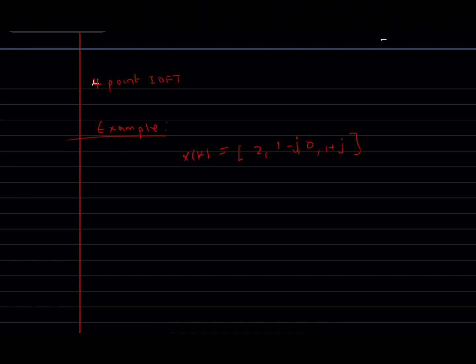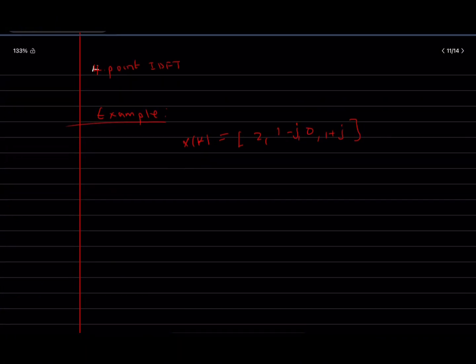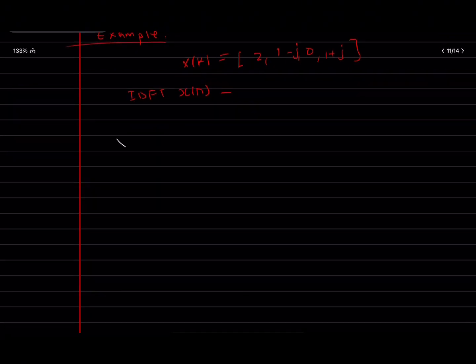Now that you have been given X of k equal to 2, 1 minus j, 0, 1 plus j, let's find the IDFT of X of k, x of n, using direct computation. So using direct computation, as I said, the formula is x of n equal to 1 over N summation of k equal to 0 to N minus 1 of X of k exponent j 2 pi over N nk.